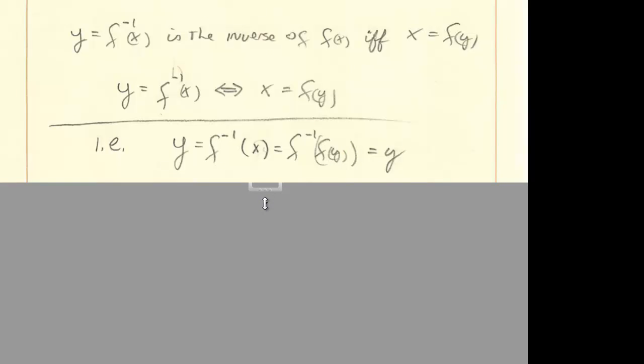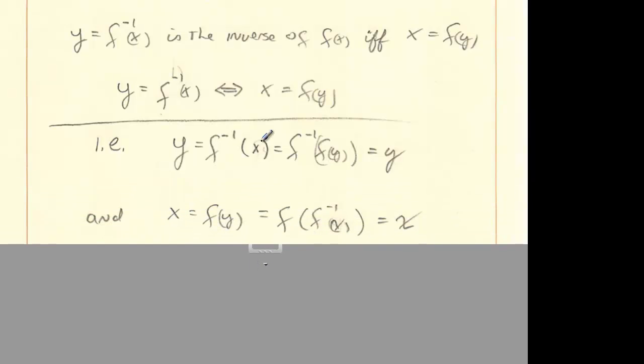And it works the other way around. Right? We can start with x equals f of y and replace y with what y is according to this definition, which is f inverse of x. And f and f inverse undo one another and leave you just with the argument, and that gives us x equals x.